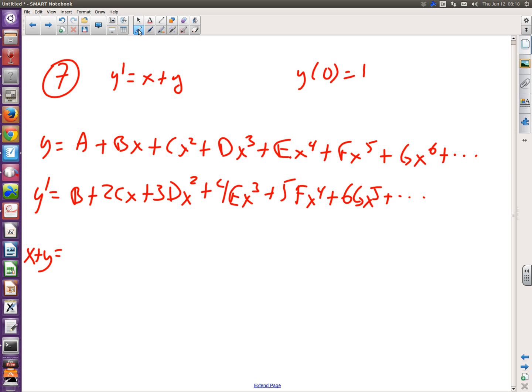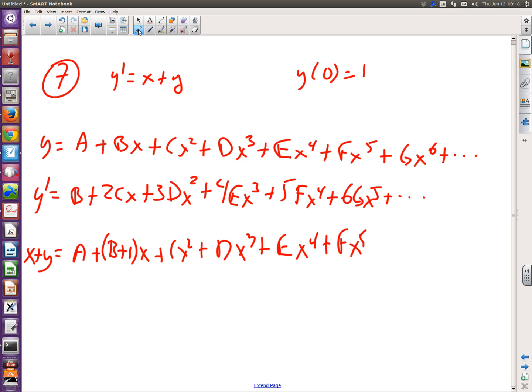So I'm going to write a plus b plus 1 times x, plus cx squared plus dx cubed plus fx to the fourth, and so on. I'm just adding 1 to the x term, because I want a series for this equal to a series for this. I got a series for y prime, I got a series for x plus y, I just add a little x here.